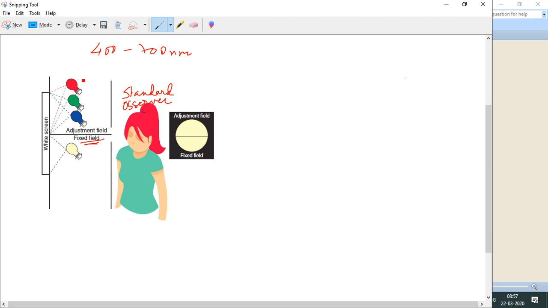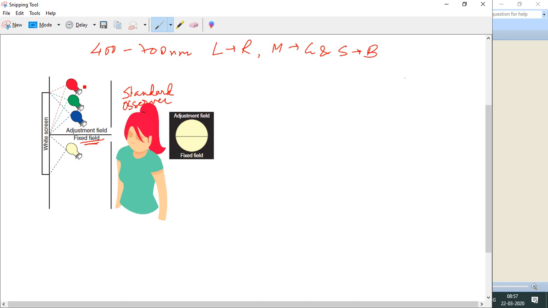As you know, L responds to the red region, M responds to the green region, and S responds to the blue region of the visual spectrum. So they used specific wavelengths of red, green and blue lights to simulate the LMS responses of the human eye.